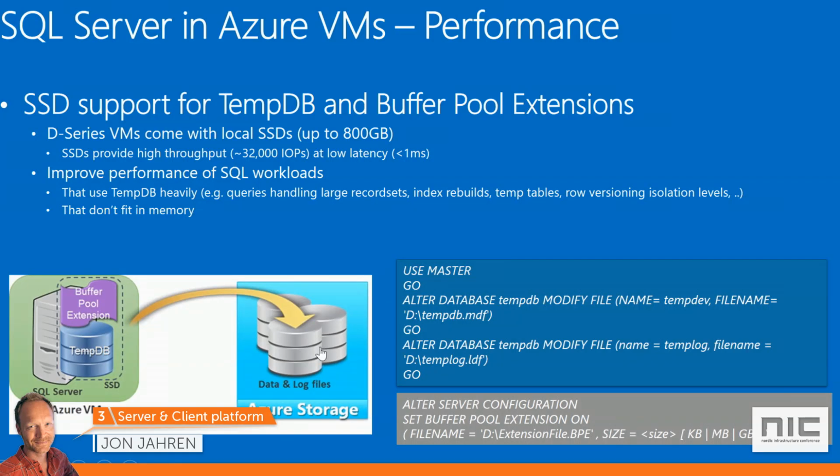So the D series and the other ones come with a local disk, which is your D drive. The D series and G series VMs come with local SSDs, which give you up to 800 gigabytes of storage at a very low latency.